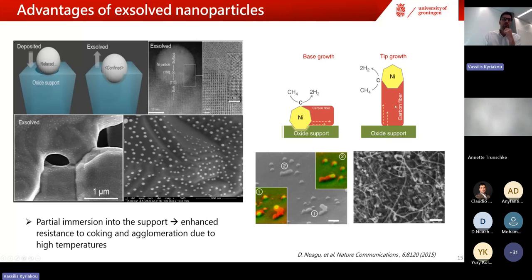The reason is that the carbon could grow between the oxide support and the nickel, while in the case of exsolution, the socketed nature of nickel sustains it in a very good state. Of course, there is some change in the size. Usually more exsolution takes place, but not something that deteriorates the performance.